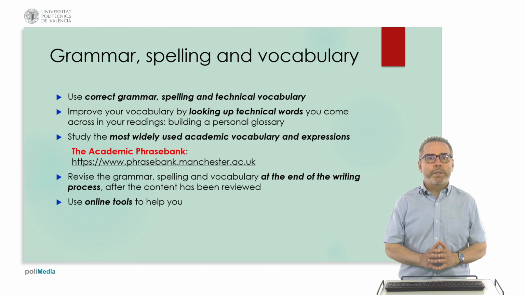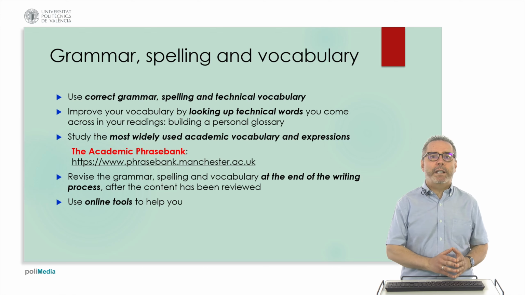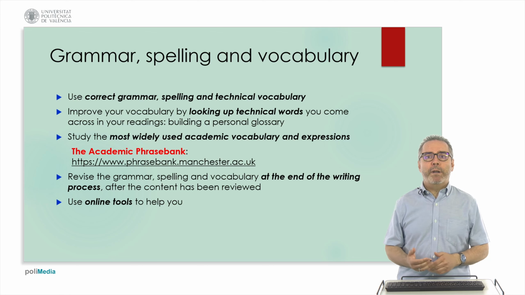And it's very important also to revise the grammar, spelling, and vocabulary at the end of the writing process, not at the beginning. First, you have to review the content, and then at the end of the process, you have a look at the grammar, spelling, and vocabulary, which is the form of your manuscript.